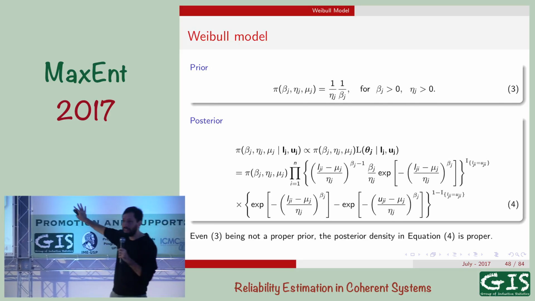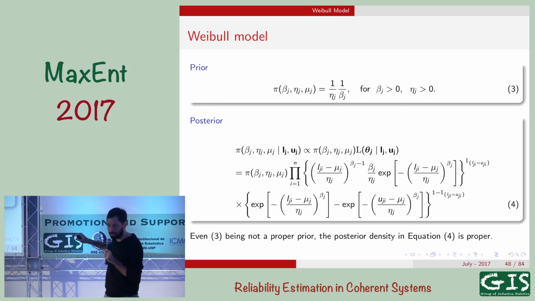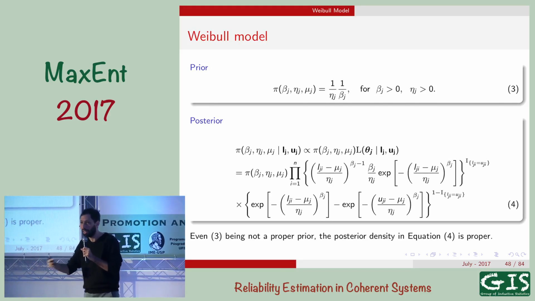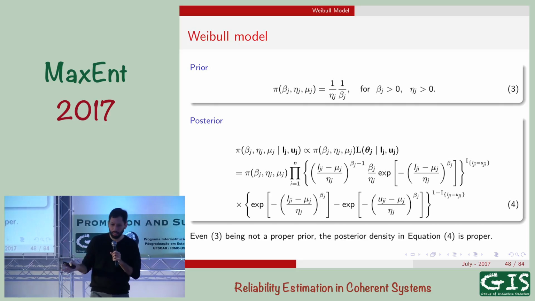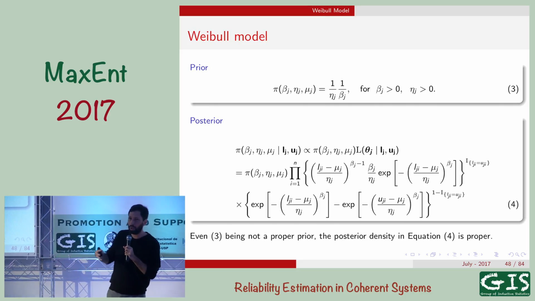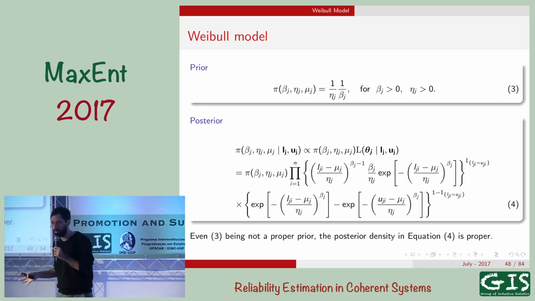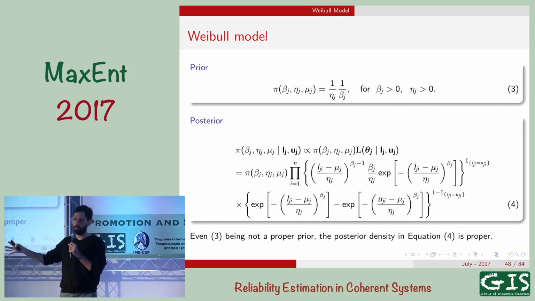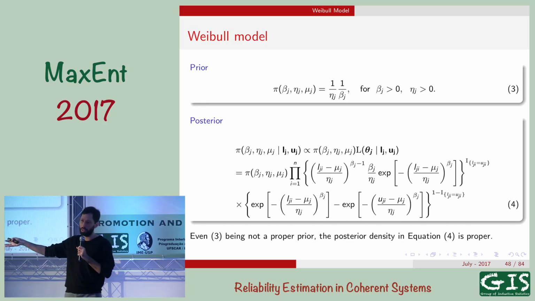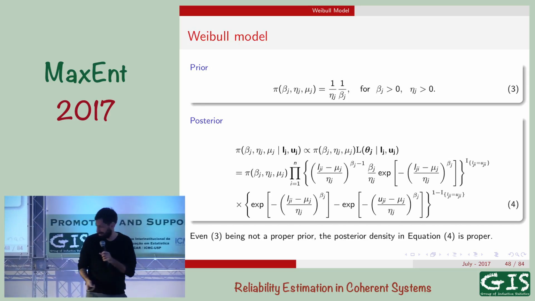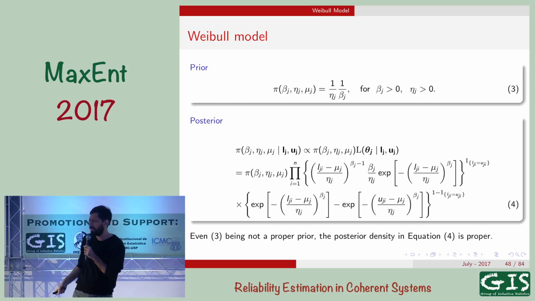I am not saying that I agree with that, because I don't like this kind of prior. I prefer subjective priors. This is important, but sometimes, even under this scenario, it's possible, and we have a posterior distribution. But do I really want to do that?